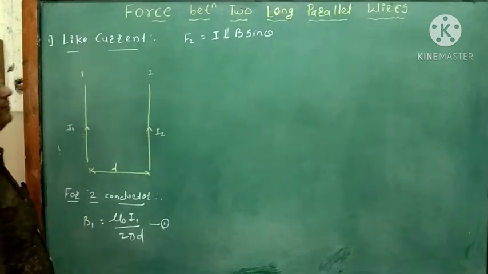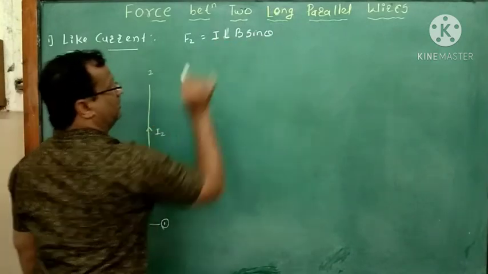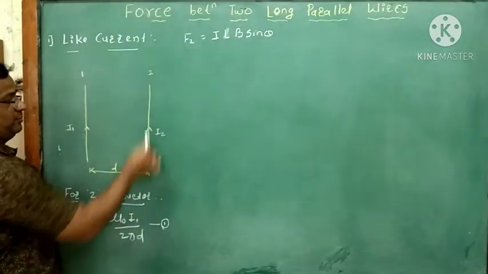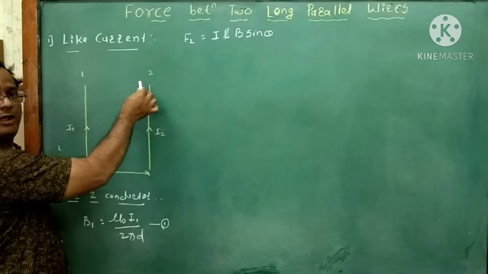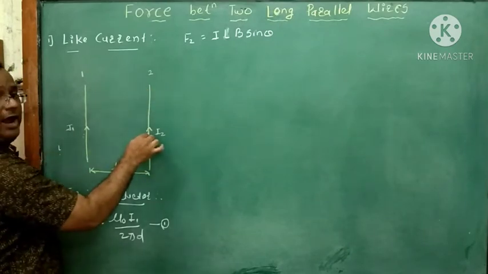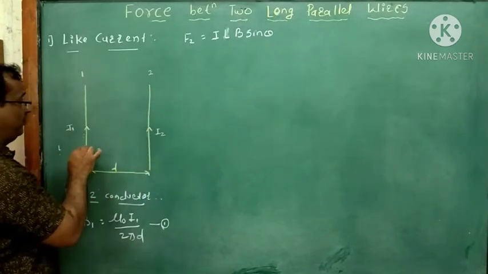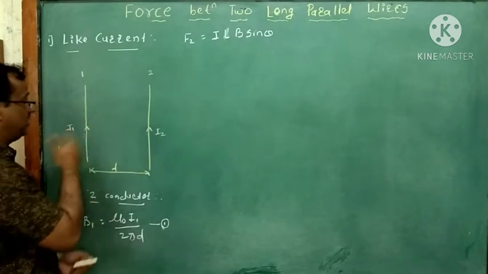Now this is the direction of flow of current, and at distance d, the magnetic field is produced by the first conductor, that is by the current I1.